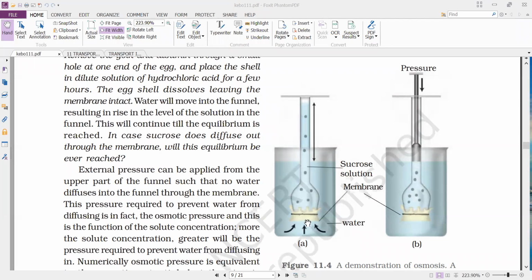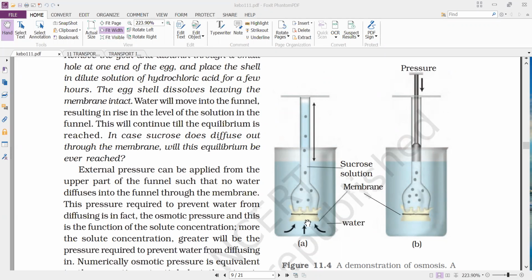Now what happens? Here osmosis occurs. During osmosis, only the solvent will move from the region of higher water potential to the region of lower water potential, but not the solute. Sugar molecules will never enter the water in the beaker.